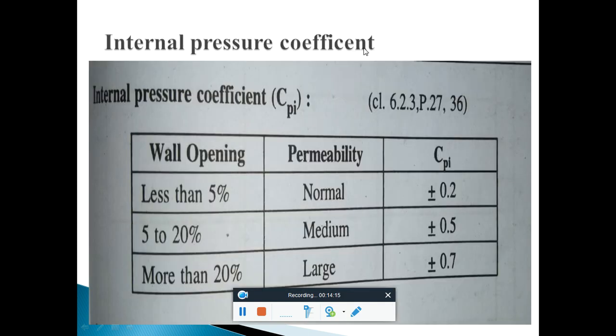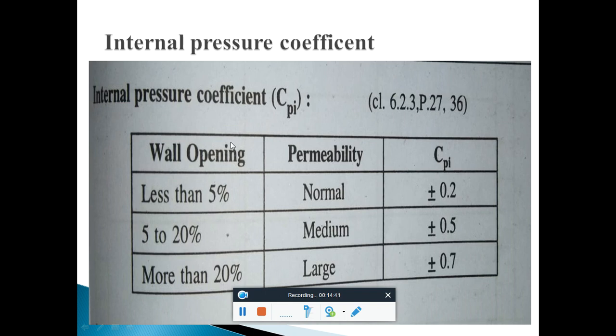Now the internal pressure coefficient CPI, which is very simple. In your problem you have to assume the wall opening. Depending on the opening area they have given CPI: if it is less than 5 percent then 0.2, if it is between 5 to 20 then 0.5, if it is more than 20 it is 0.7.